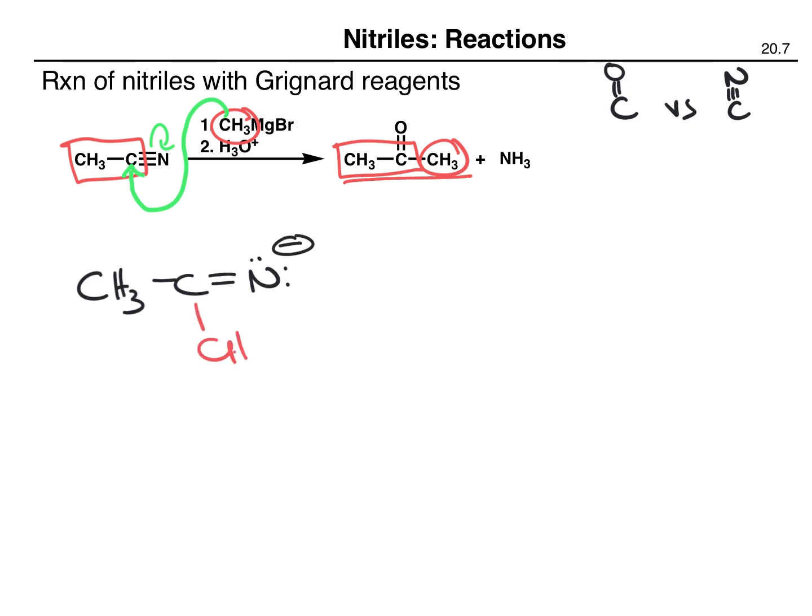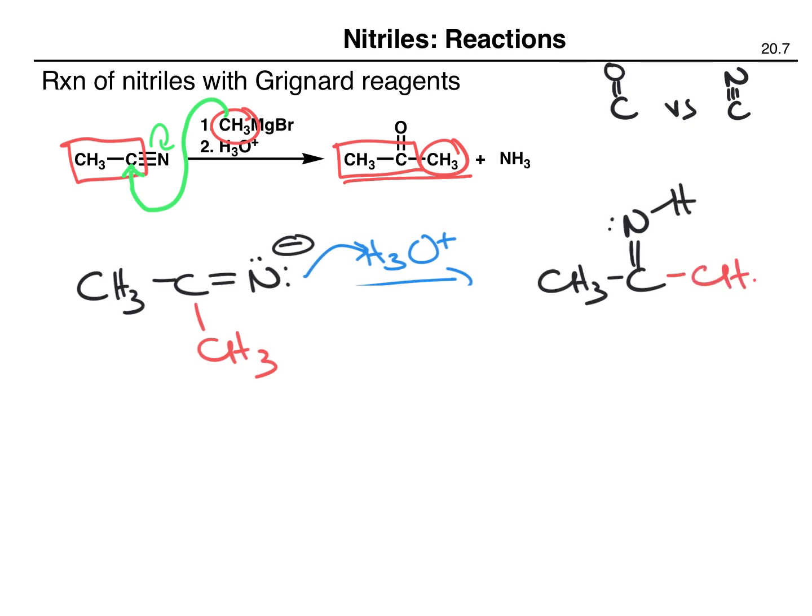So this is the CH3 from the Grignard reagent. Next, on aqueous acid workup, the nitrogen, first of all, can grab a proton, and we will get this intermediate. Notice this is an imine.